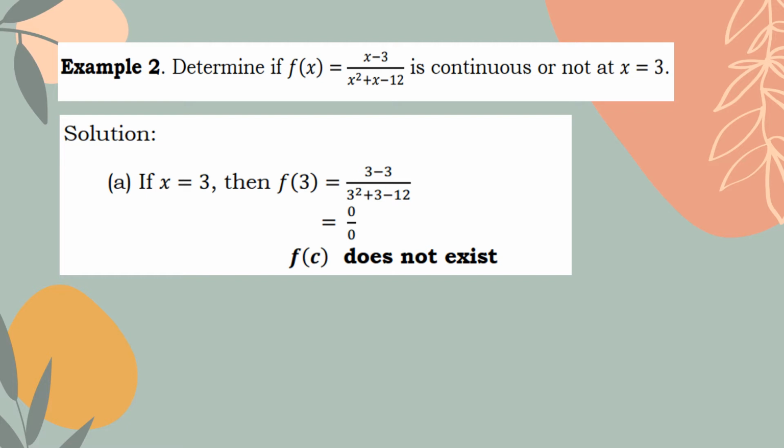Number 1, you have to evaluate the function. If x is equal to 3, then when you try to substitute, it becomes what? 0 over 0, meaning to say, when you try to factor this out, the value of x equals 3 is restricted.